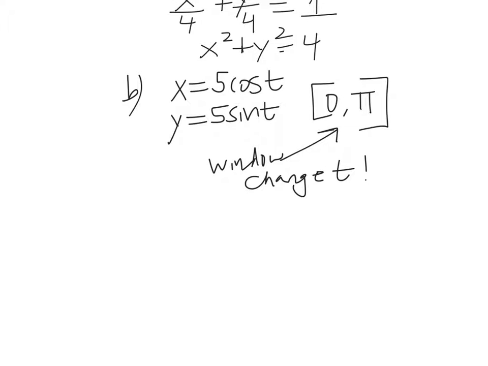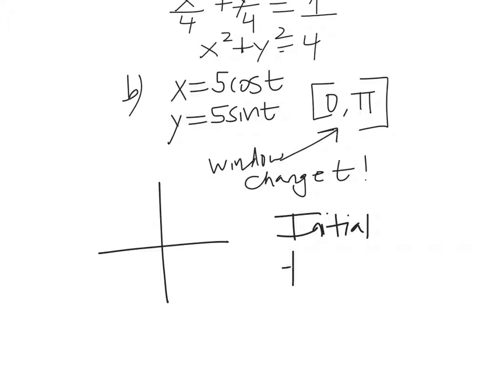And then what we're going to do is draw a graph of it. We're going to say the initial point and the terminal point. Okay, so we get, here's 5, here's negative 5, and we get just the top half of the graph.